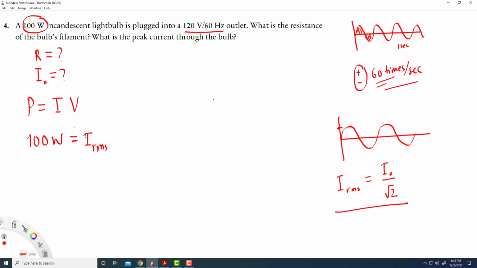So current is IRMS and delta V is 120 volts. So we can find IRMS by doing this math. Divide both sides by 120 volts. You cancel that. So then IRMS is 100 over 120.